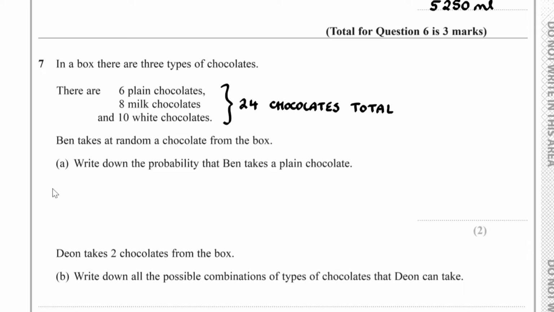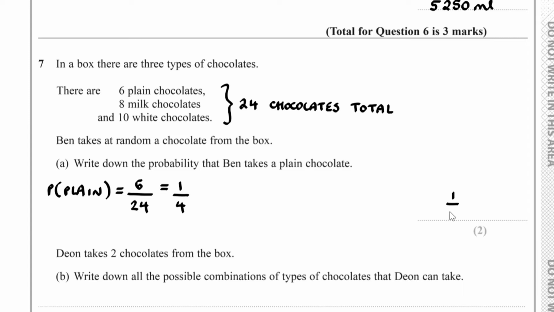So the probability that we select a plain chocolate, out of 24 we have 6 which are plain, so the probability is 6 over 24, which would simplify to 1/4.